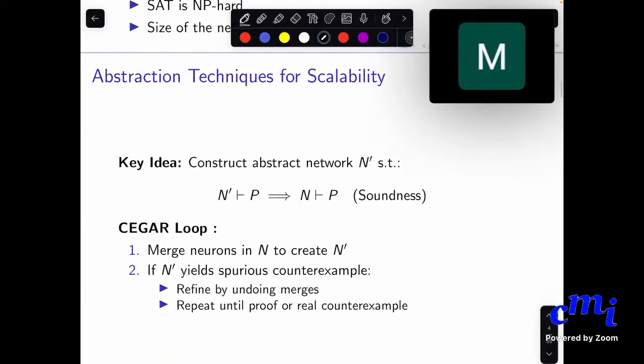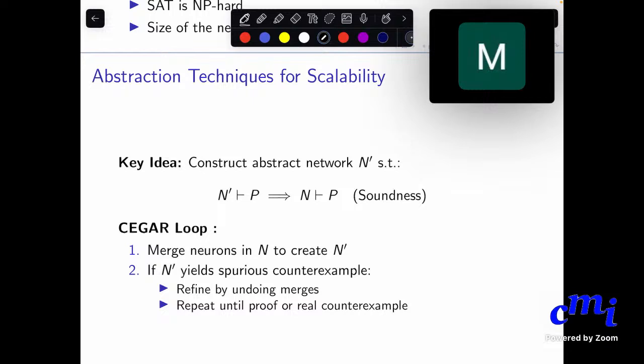So we turn to abstraction techniques for scalability. Our idea is to come up with an abstracted smaller neural network such that if the neural network N dash validates the property P, then the actual neural network must also validate the property P.